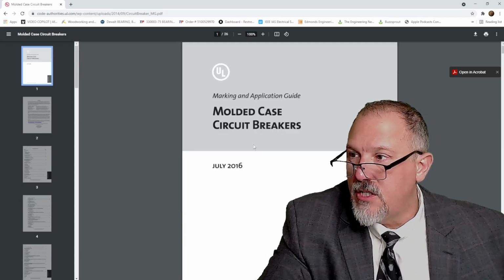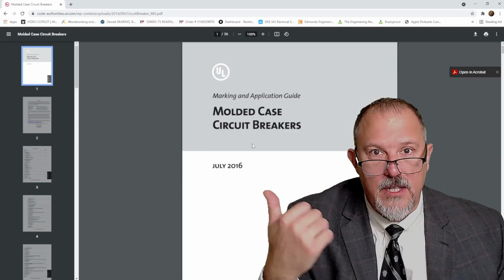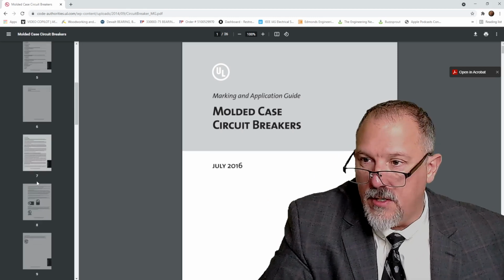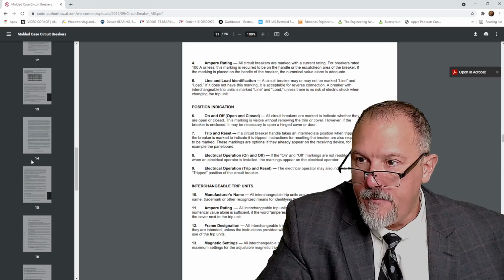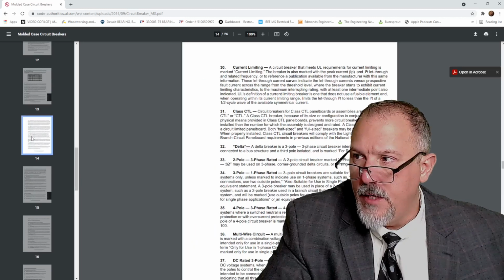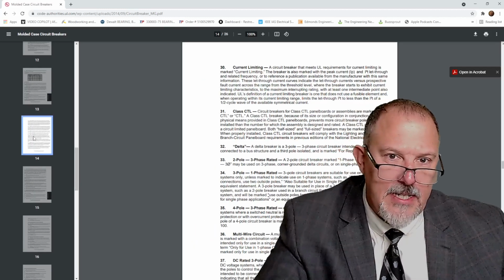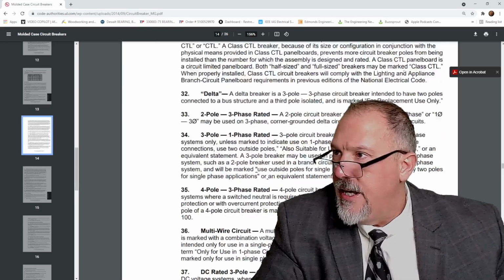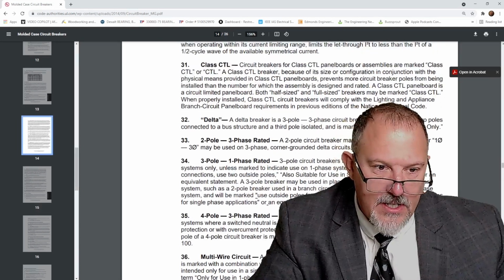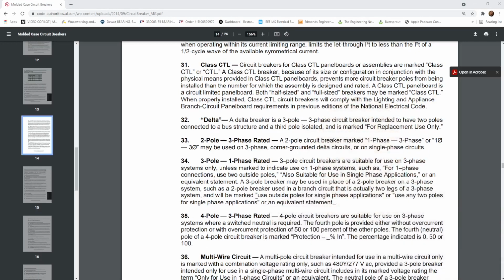Okay, molded case circuit breakers. This is July 2016. And again, I'm going to get a UL person on here at one point to help us understand the latest. But we saw CTL on there. So if you want to know what CTL is, let's go to this marking guide. It says a class CTL circuit breaker for class CTL panel boards or assemblies are marked class CTL or CTL.